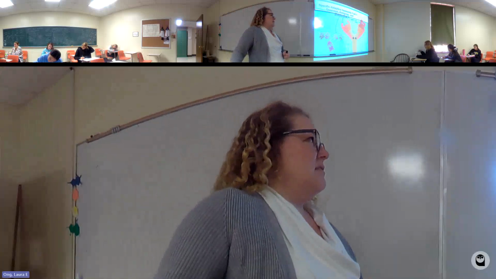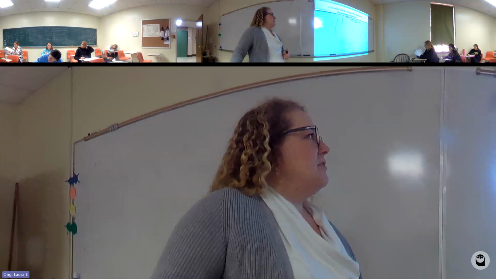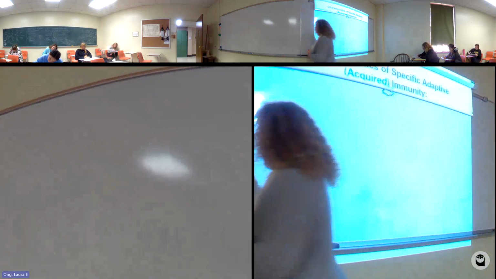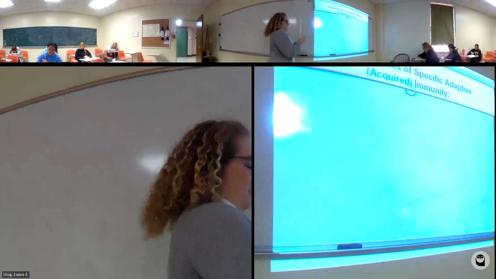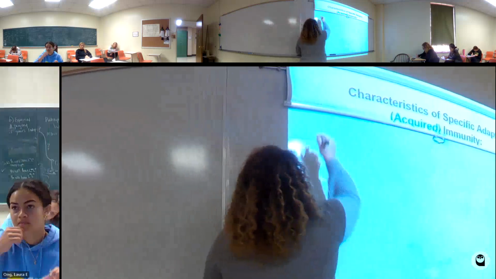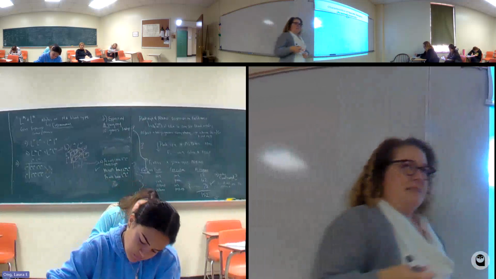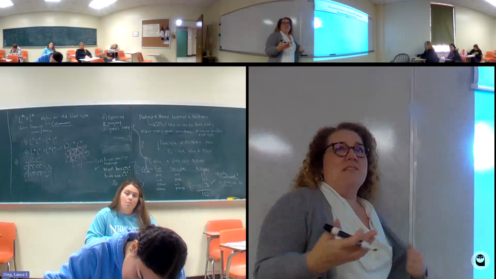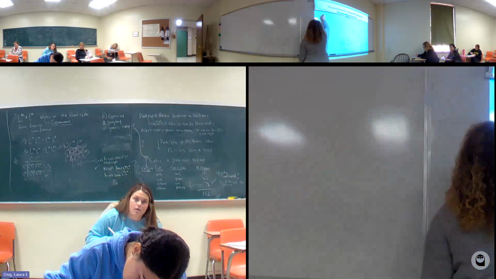So let's first look at what are the characteristics of specific immunity. And this is a list to memorize, kind of like you memorized the characteristics of innate immunity. So the first characteristic is that for you to activate this response is kind of slow.